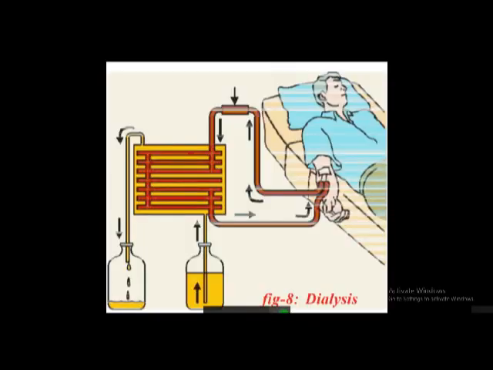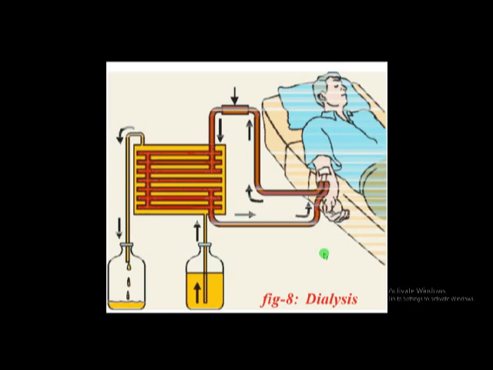And the next one is here, if our kidneys get damaged, then doctors perform dialysis. This is necessary. If a person is suffering from kidney failure, this dialysis is necessary for survival.